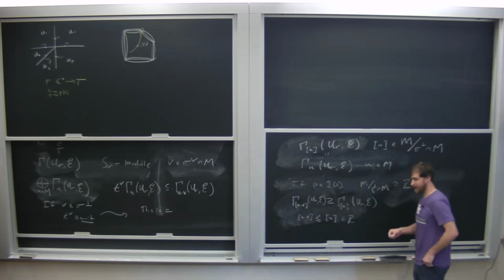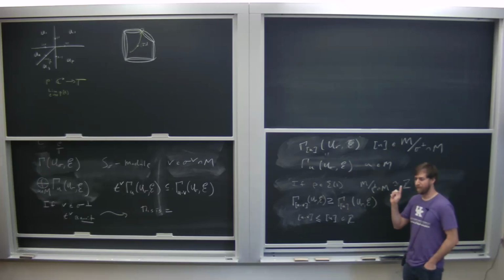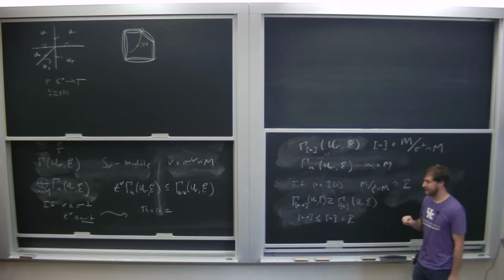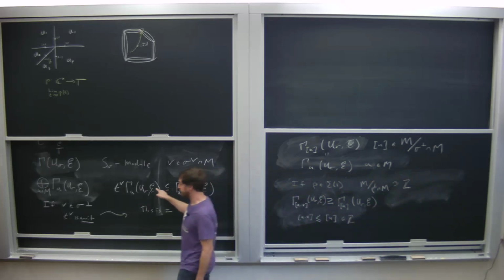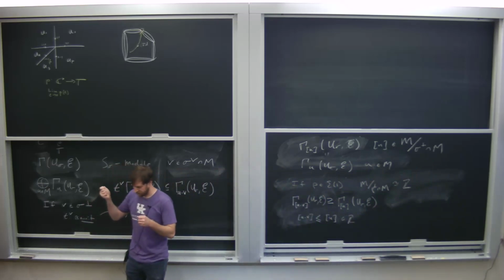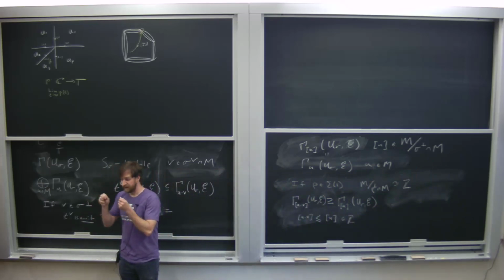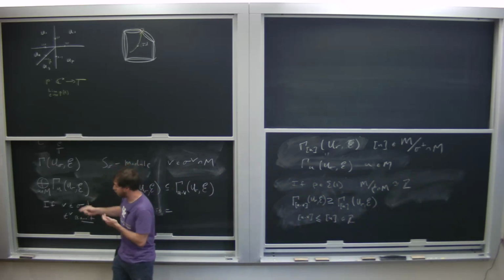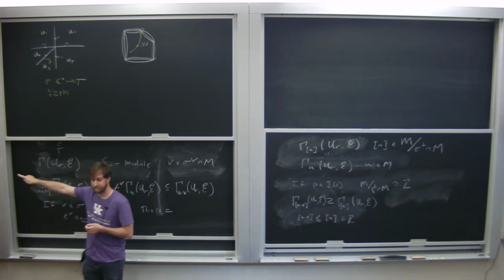Okay. Let me make one more point that I forgot to make earlier. If you take any of these and take a section and evaluate it at the identity, you get a point in E, right?